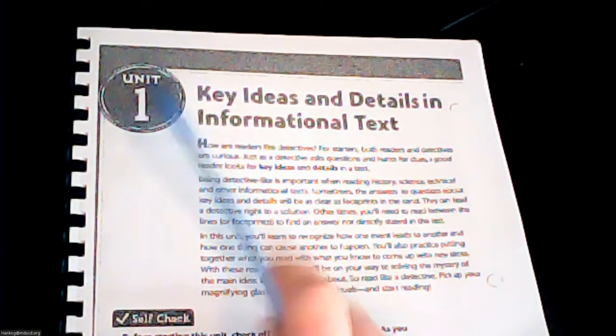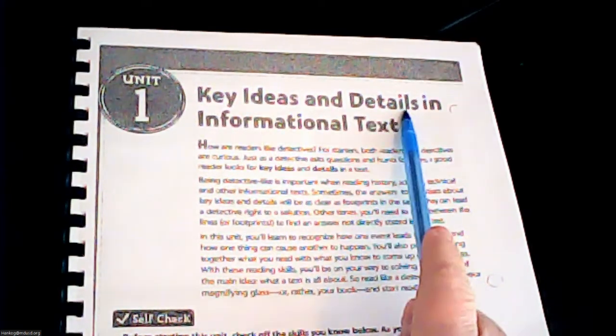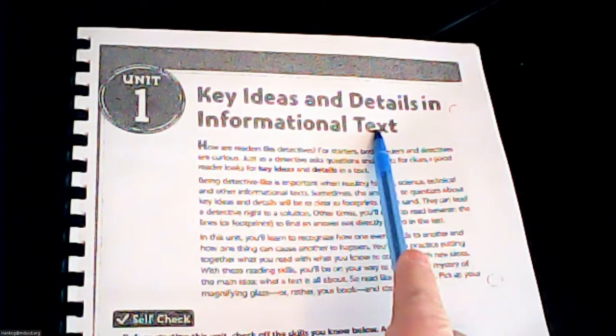So when we close read, there's a couple steps that we do. The first step is we read the title and we think about, what does the title tell us? We want to activate any knowledge that we might already have about the subject, and the title is a good way to do that. So the title of this page is Key Ideas and Details in Informational Text.